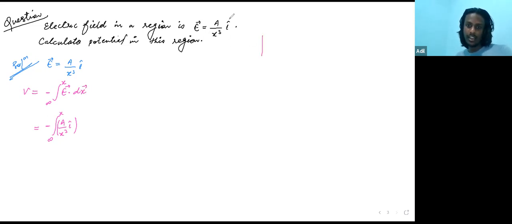If your electric field is along the i direction, say this is i and this is j, then when you put a charge in this direction, your charge will be displaced in the same direction, along i cap.